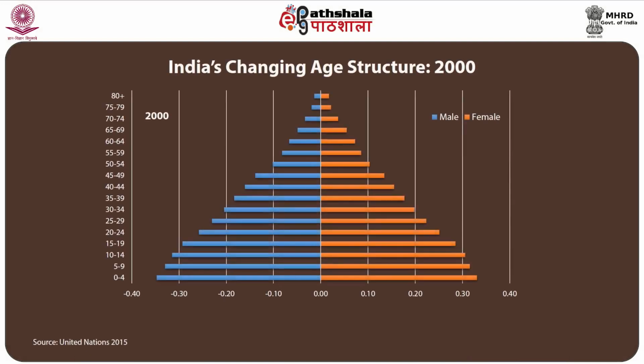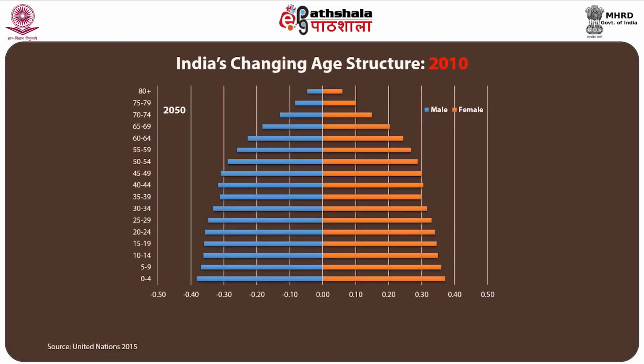If you look at 2000, there has been some shift in the shape of that pyramid, but not very rapid, because the current age structure is the result not only of current fertility but of past fertility. The 2000 age structure is also the result of much earlier fertility, which was higher. So naturally it shows a slightly slowing down pattern, but not significantly different.